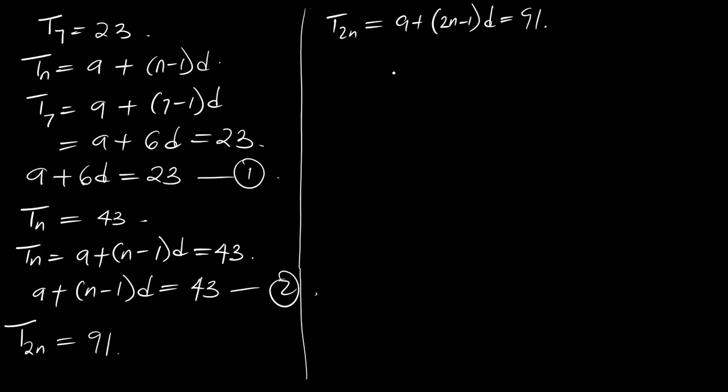So that means we have A plus bracket open 2n minus 1 times D equal to 91. So this is equation 3.